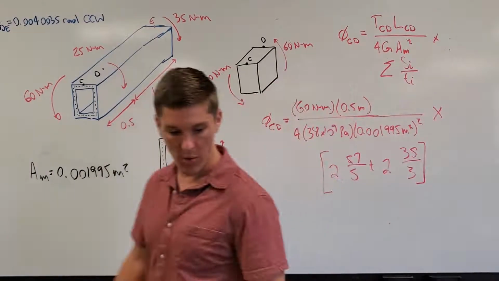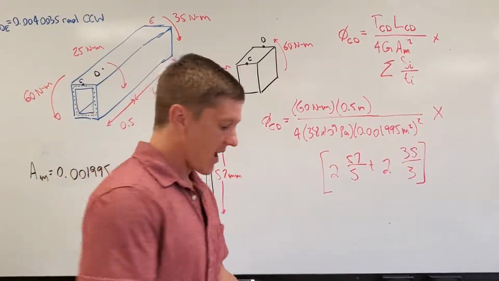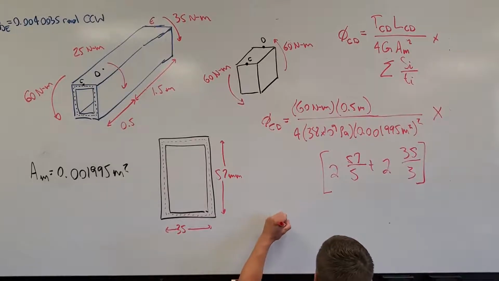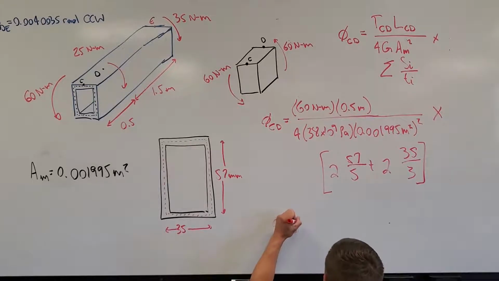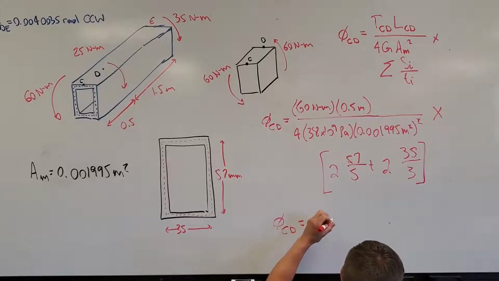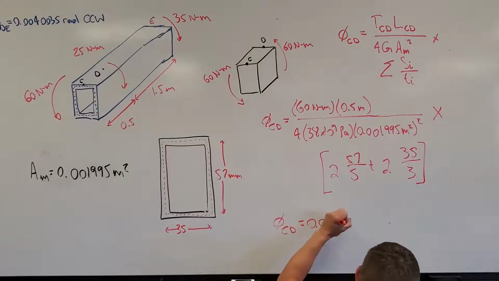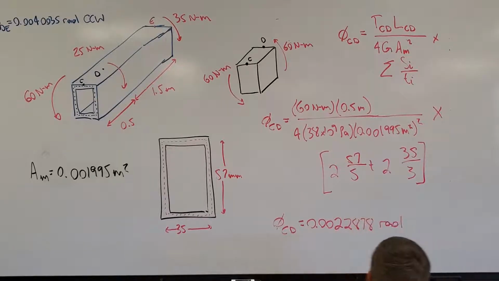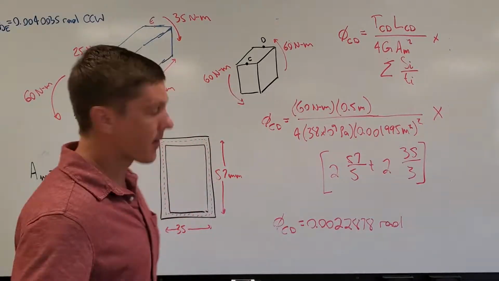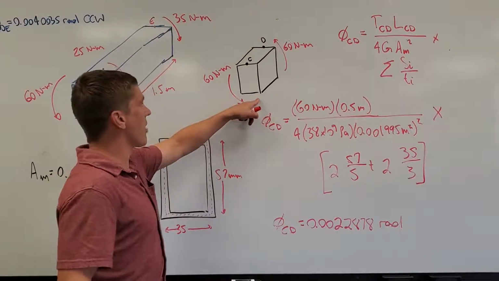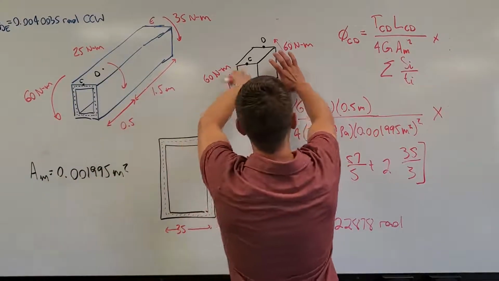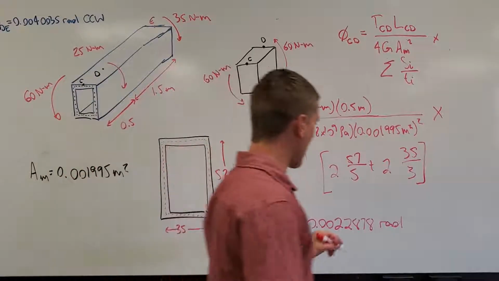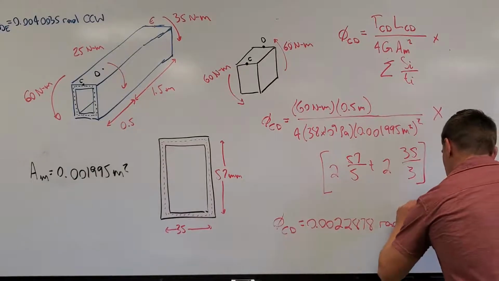We are now able to plug them into our calculator, and we find that the rotation of C with respect to D is going to be 0.0022878 radians. Looking at our cut diagram, C rotates in the counterclockwise direction with respect to D, so that's also counterclockwise.